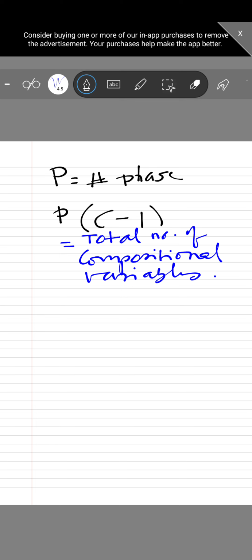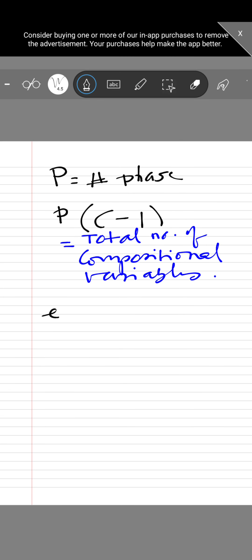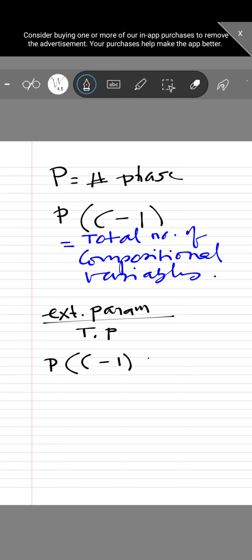If we include the two external parameters, temperature and pressure, the total number of variables is P into C minus 1 plus 2.